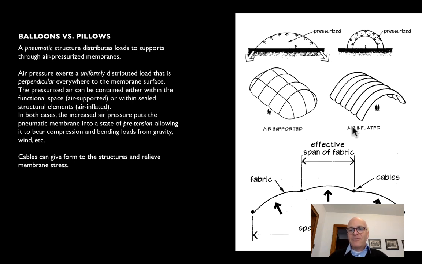In an air inflated system, we're looking more at pillows than balloons. So these arches here are all self-contained pneumatics. We inflate them individually, keep fans running to each one of them, but the pressure is actually contained within the arch itself. So this is literally a pillow beam, we might call it.